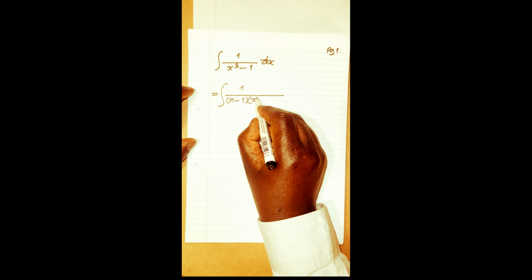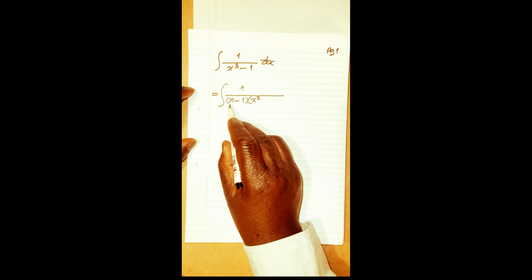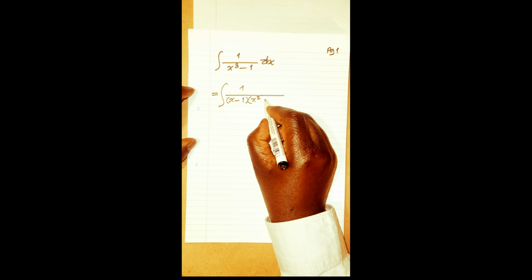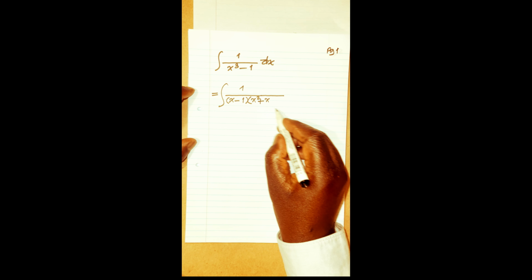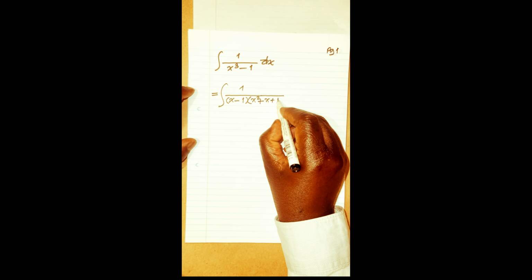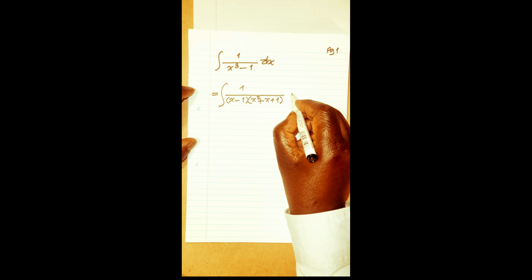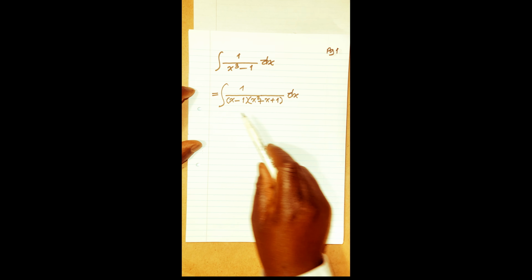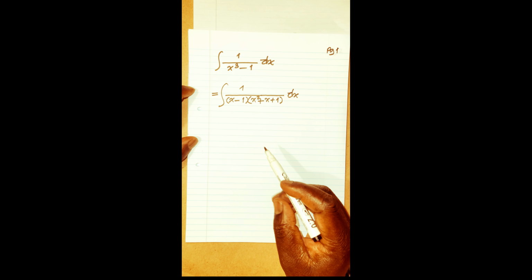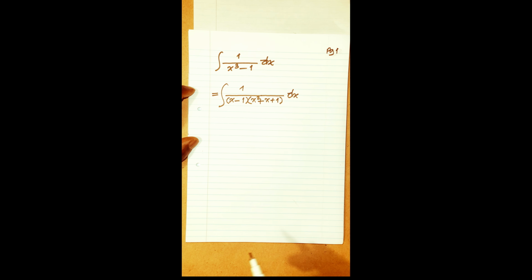The answer is x squared. We take x and 1, multiply the two, the answer is x. The sign here is minus, we must change the sign there. And then we take 1, multiply by itself, the answer is 1. And then we have dx. Expand this to verify it, it will give you x cubed minus 1 when you expand and simplify.